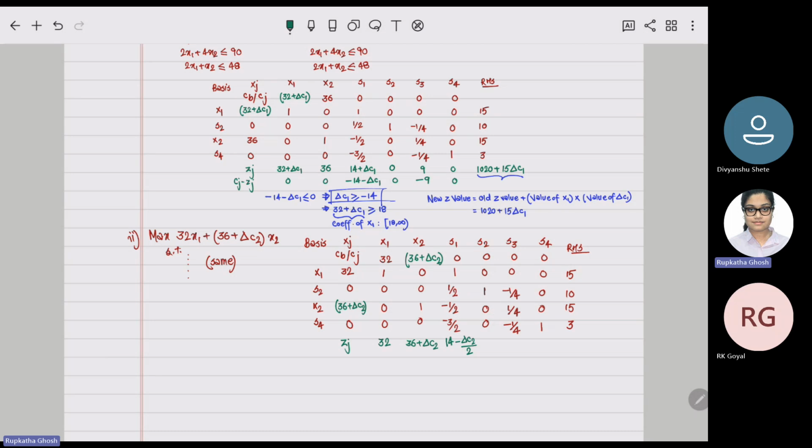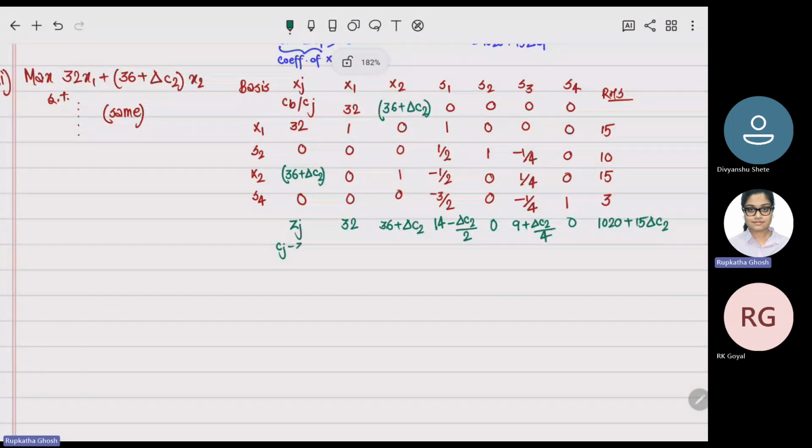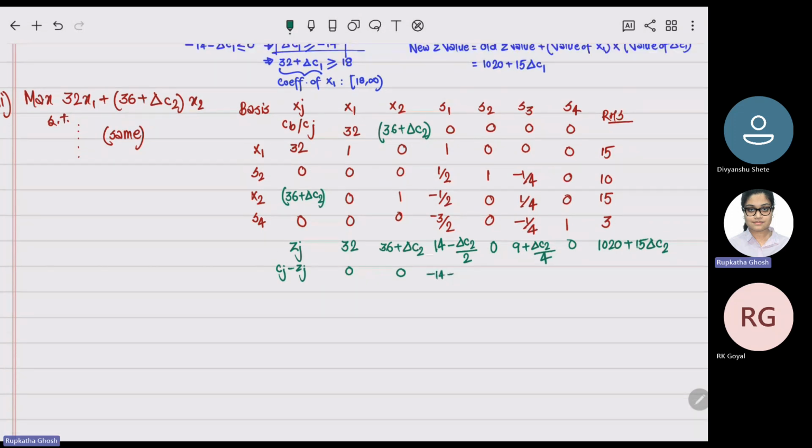Here you will get 0. Here you will get 9 plus delta C2 by 4. Here again you will get 0. And here also you will get 1020 plus 15 delta C2. So if I do my Cj minus Zj: 0, 0, minus 14 plus delta C2 by 2, 0, minus 9 minus delta C2 by 4, 0.